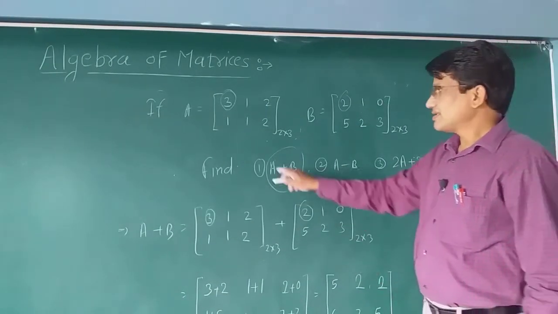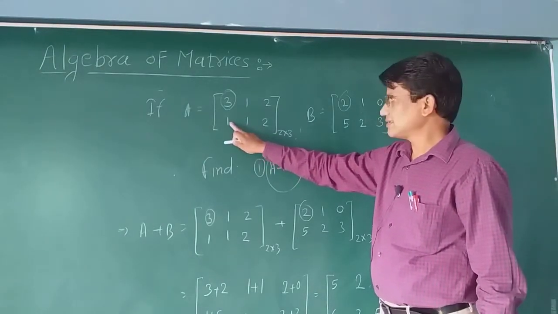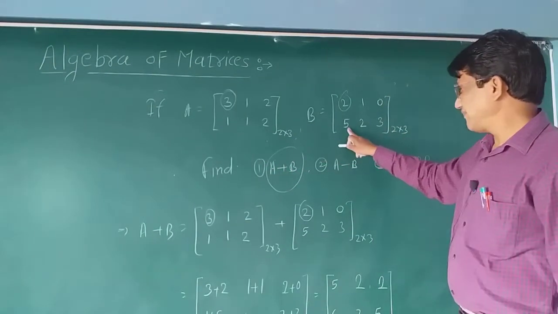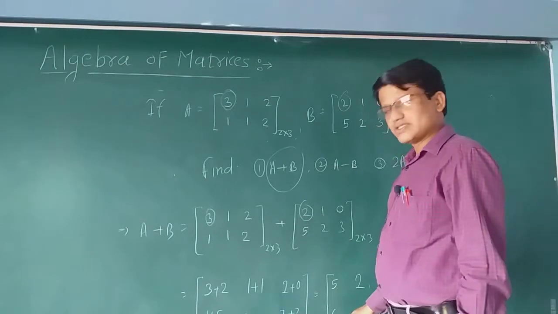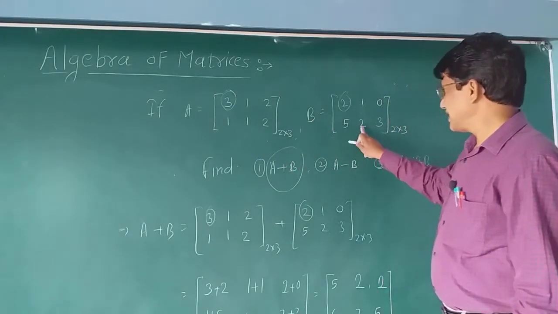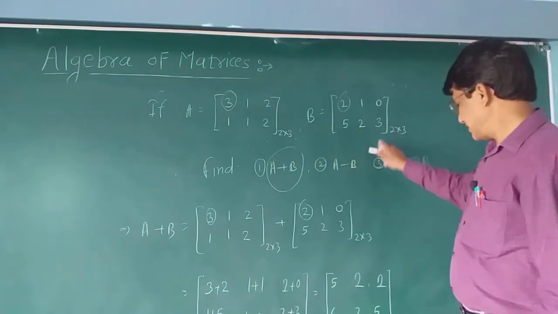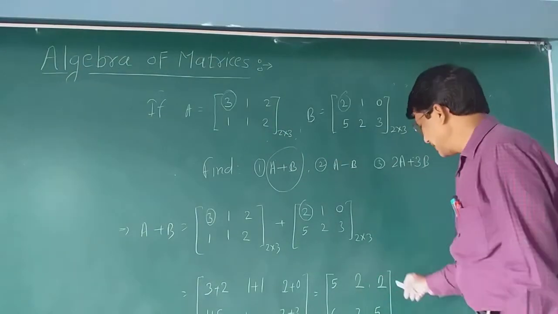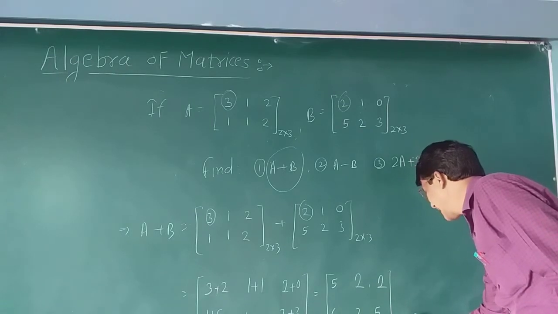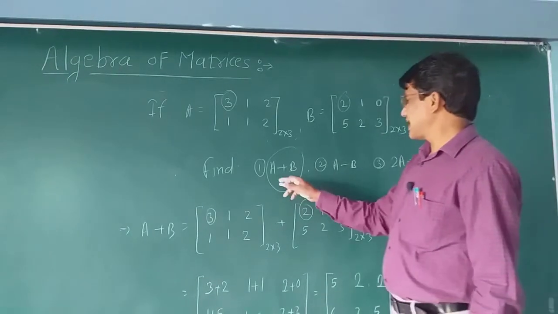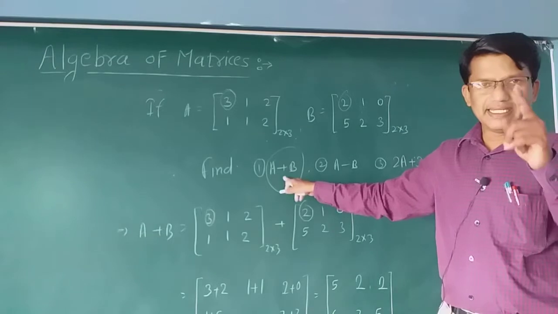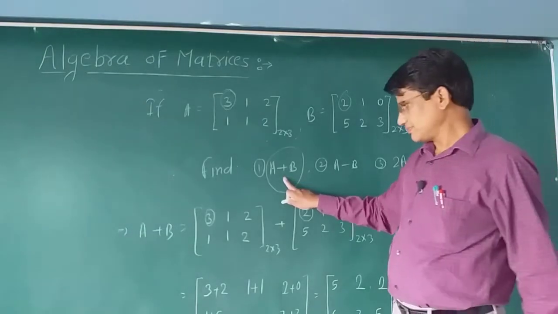Same way, similarly, second row: 1 plus 5, 6. 1 plus 2, 3. 2 plus 3, it is 5. And order is 2 by 3. So thus we have discussed A plus B.